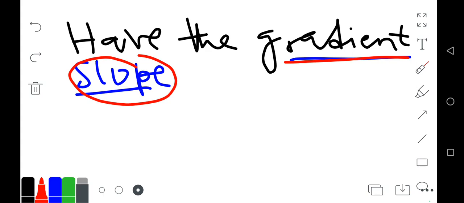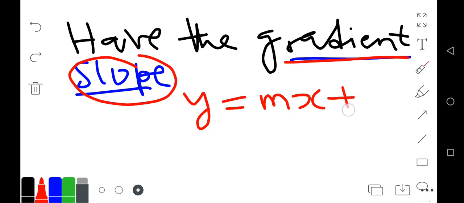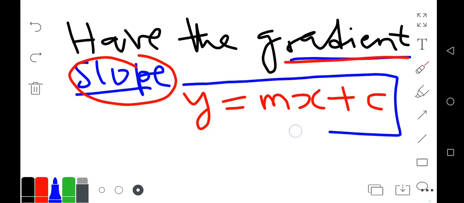From there, in the previous video we looked at the general equation of a straight line, which is y equals mx plus c. This is the standard equation of a straight line.